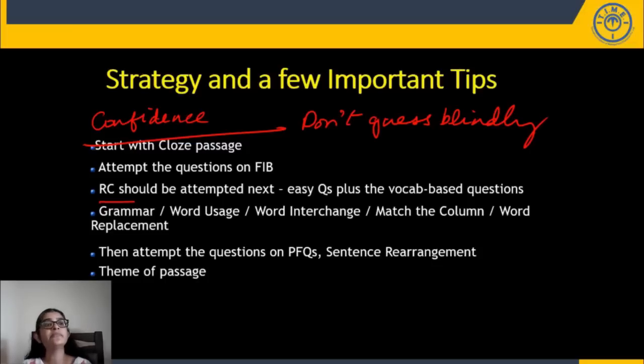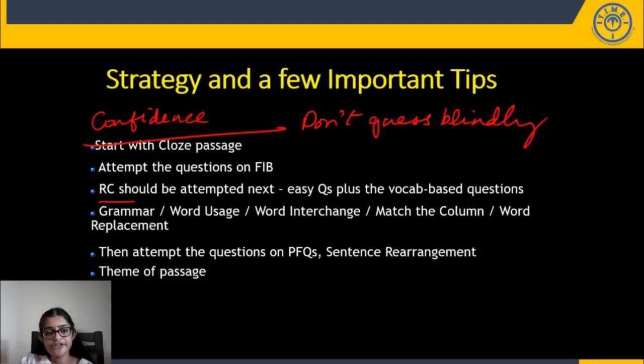What is stopping you from answering the vocabulary based questions? These are normally very easy to understand, but don't make the mistake of saying, I don't need to read the passage, it is just synonym or antonym. No, these are always contextual. You will need to pick the synonym or antonym based on the exact context. Remember that.